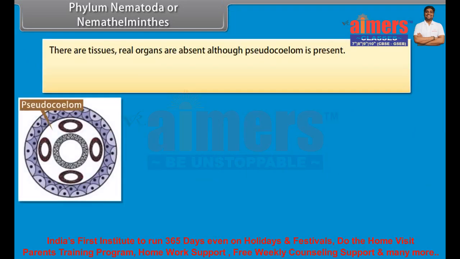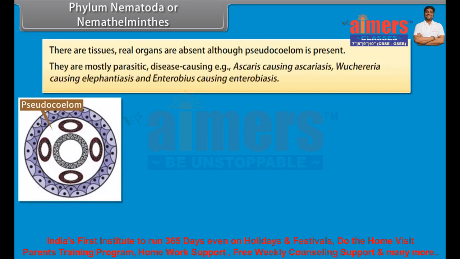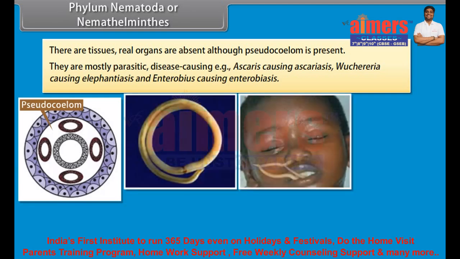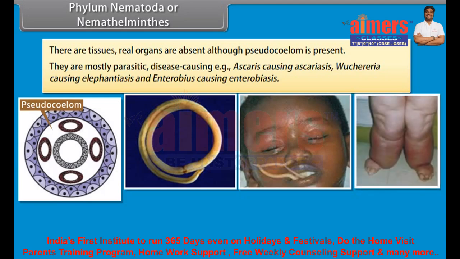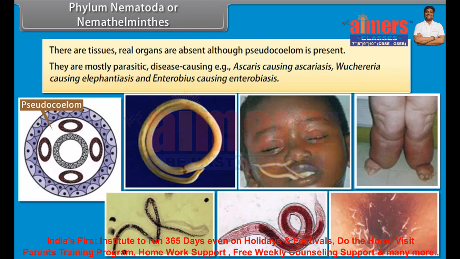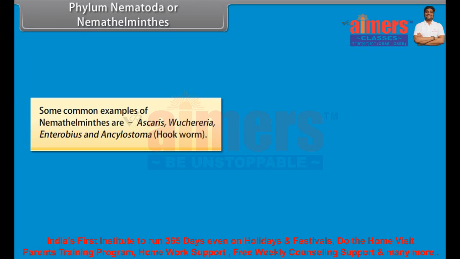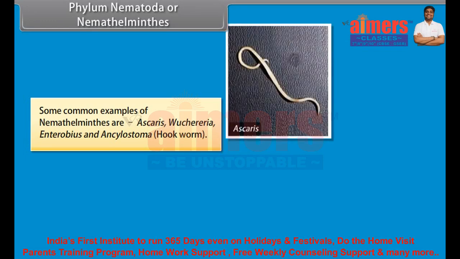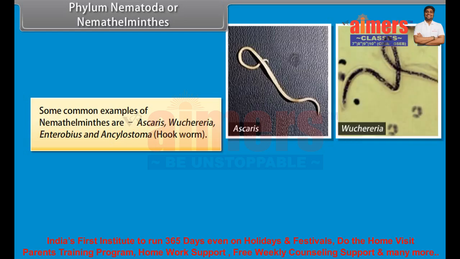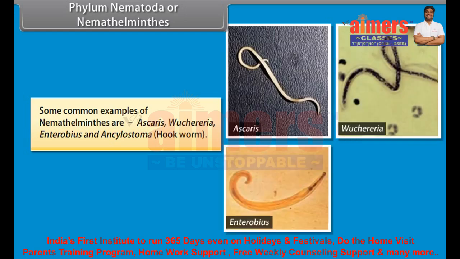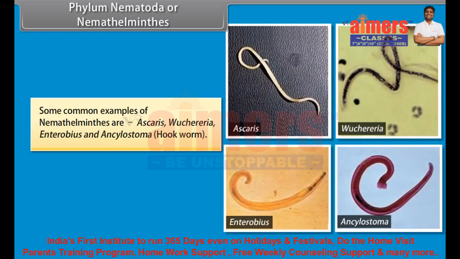There are tissues, but real organs are absent, although a pseudocoelom is present. They are mostly parasitic disease-causing, example, Ascaris causing ascariasis, Wuchereria causing elephantiasis, and Enterobius causing enterobiasis. Some common examples of Nemathelminthes are Ascaris, Wuchereria, Enterobius, and Ancylostoma, hookworm.